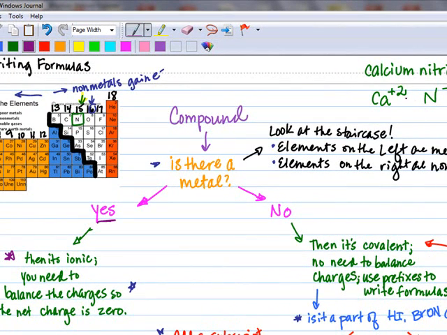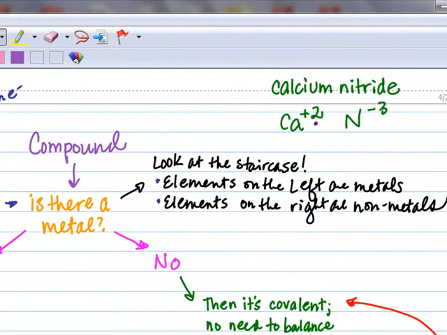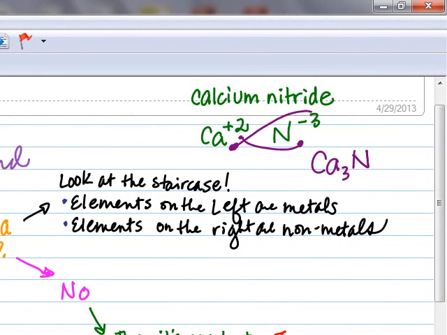Now that we have the charges on our ions, we have to figure out how many of each we actually need. Well, you can simply use the crisscross method. If we take the 2 from calcium and bring it down to the bottom of the N, and we take the 3 and cross it over and rewrite it at the bottom of calcium, we get calcium 3, nitride 2.